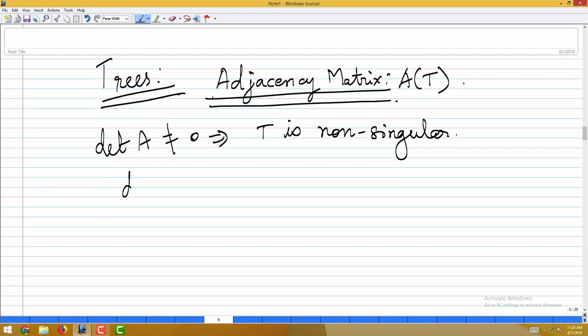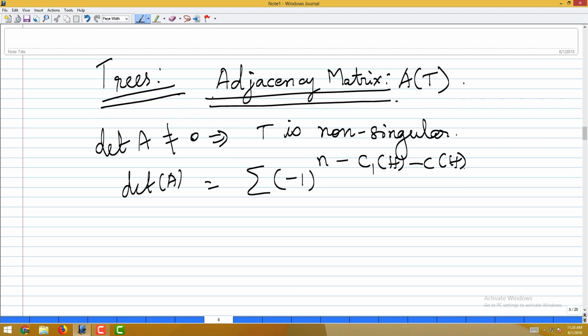So, we know the determinant of A is nothing but the sum of (-1)^(n - C1(h) - C(h)) times 2^C(h), where C is the number of cycles and C1 is the number of edges in a spanning elementary subgraph, where h is a spanning elementary subgraph of G. This we know.